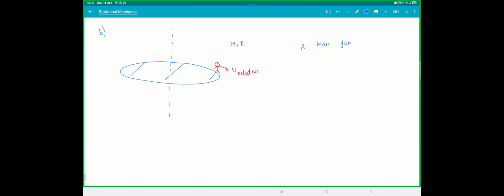So the man jumps tangentially with speed u relative to the platform. Find omega of the disk after he jumps. Mass of the man is small m.